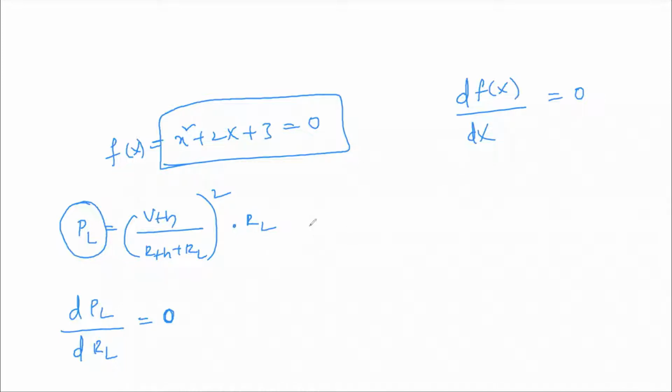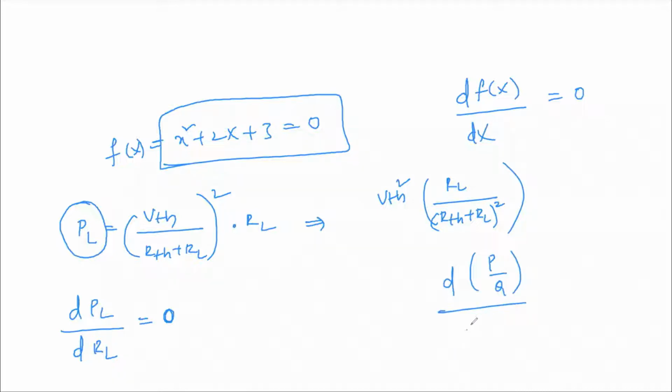You can write this as VTH square into RL divided by (RTH plus RL) whole square. Here RL is there in the numerator and in the denominator. So do you know how to differentiate P by Q with respect to x, where you have P of X and Q of X?